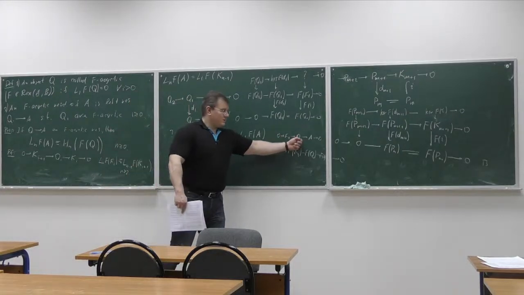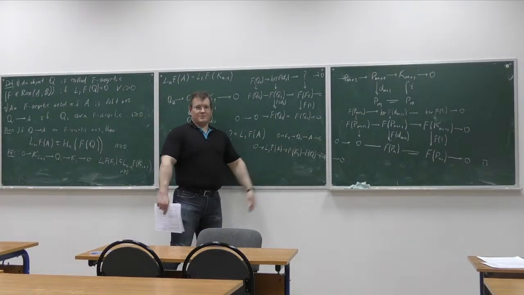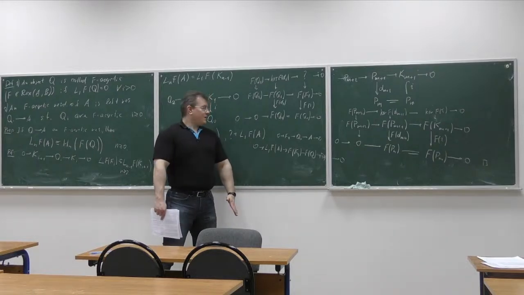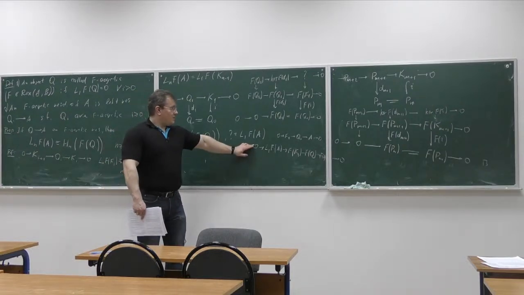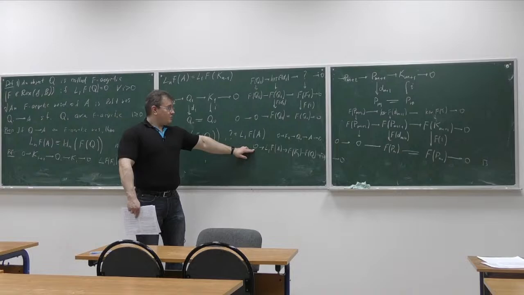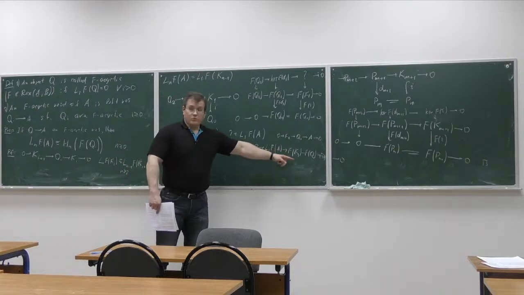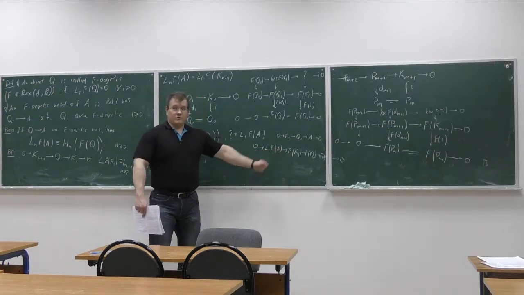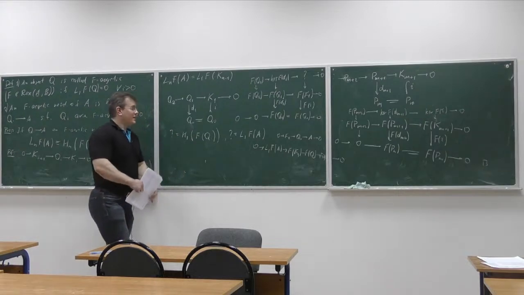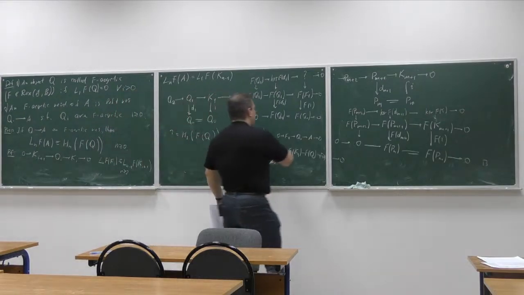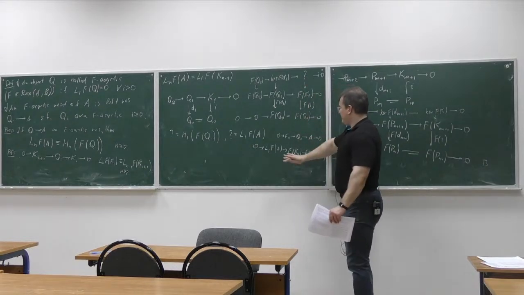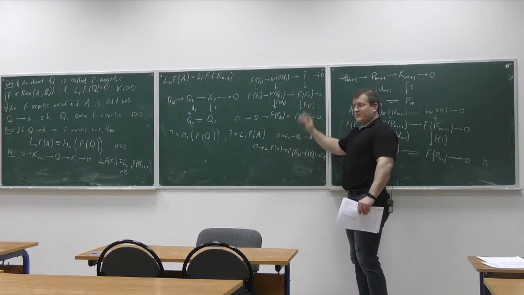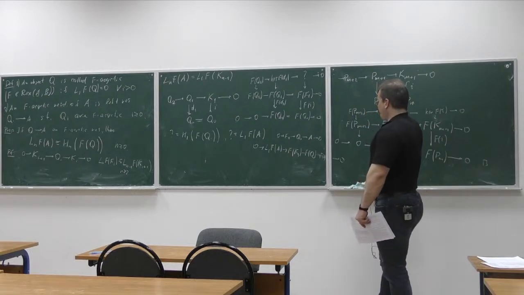You take any short exact sequence, apply a functor, and get the long exact sequence for the derived functors. Why can I write 0 here? Because I'm supposed to write L1F of Q0, but that's 0 since Q0 is acyclic. And the vertical part of the diagram is just this diagram rotated. That's what you get.